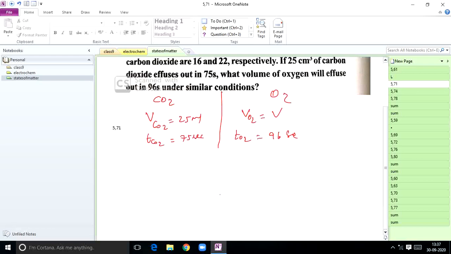After that, relative density of carbon dioxide is equal to 22. Next, relative density of oxygen is equal to 16, it is given. So this is the data given for you.